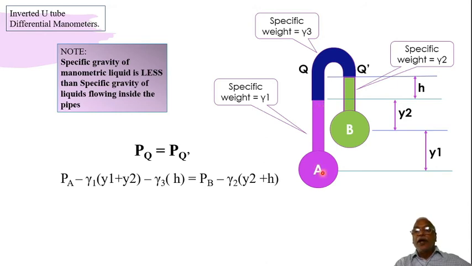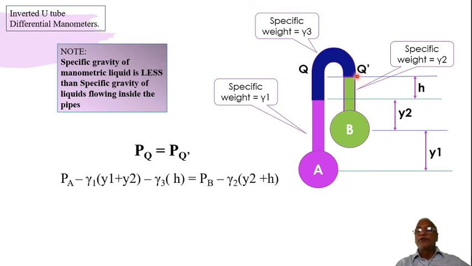Now from A, I'll be going through a distance of Y1, through a distance of Y2 in the same liquid of gamma 1, and further in liquid gamma 3, I'll go down through a distance of H. So PQ on the left hand side: PA, I started here, going up, that's my minus, in gamma 1, through a distance of Y1 plus Y2, further also I am going up, minus, in gamma 3, through a distance of H. That's how I make PQ. Similarly, equal to PQ dashed.